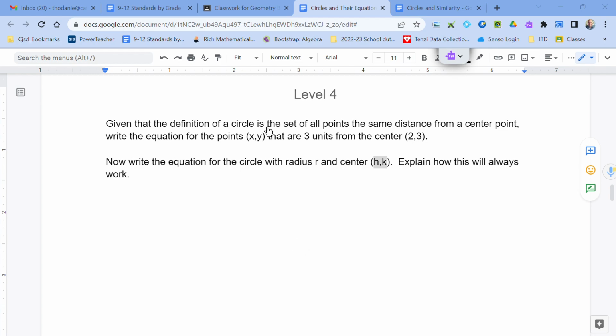Let's pretend my center is at 4, 5, and my radius is 2. Actually, let me get my screen moved over just a little bit, and let my center be at -3, +4, and a radius of 2.